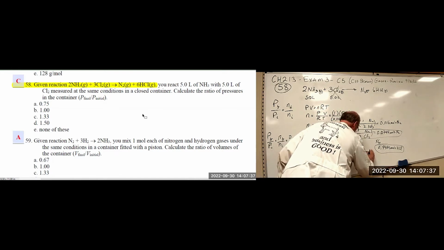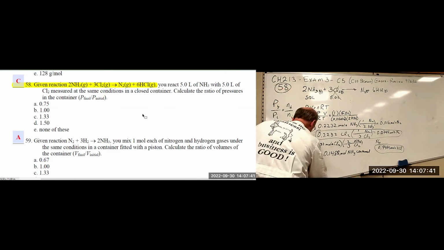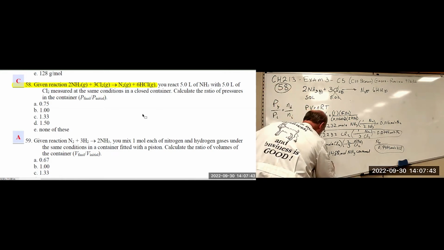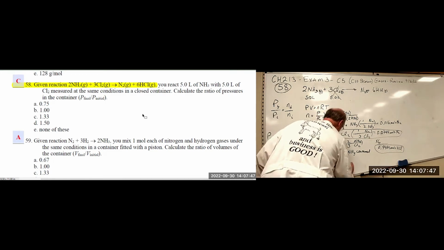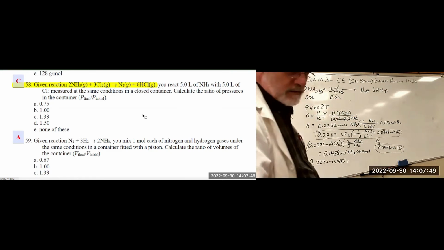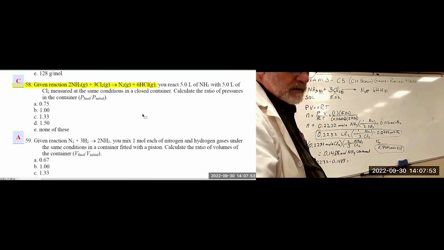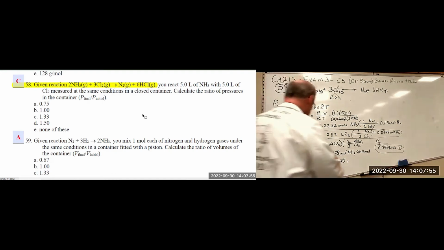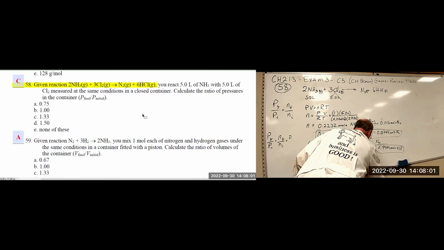How much is left over? 0.2232 minus 0.1488 equals what? 0.0744. 0.0744 moles ammonia remain.